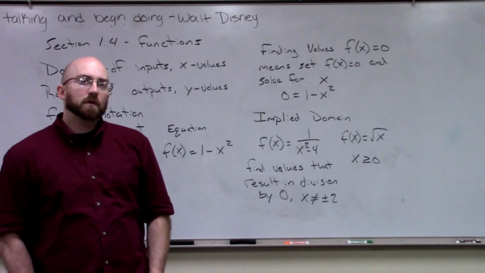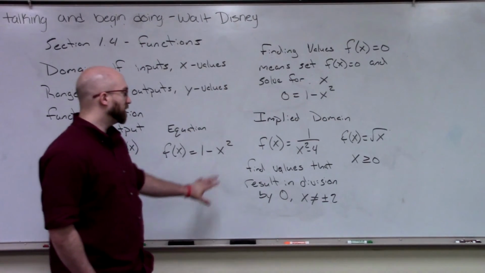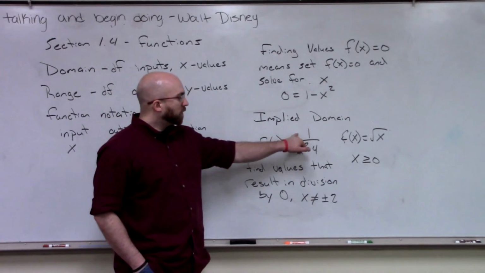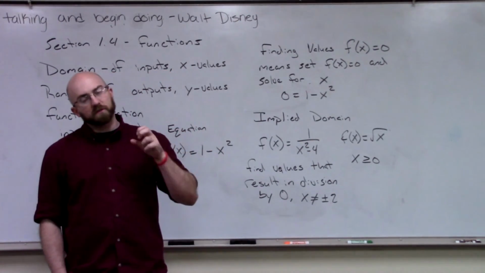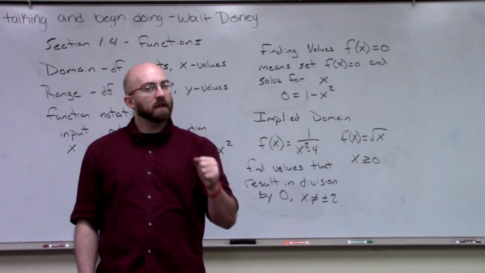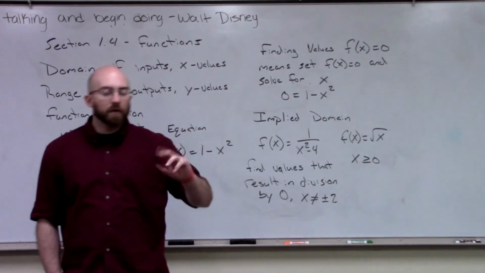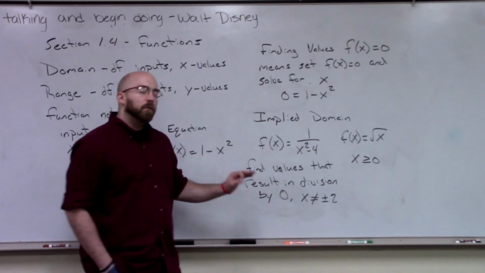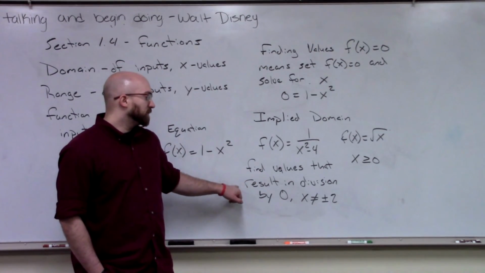Now, this is the part that gets kind of tricky. It's called implied domain. I have two examples here. f of x equals 1 over x squared minus 4. Rule of thumb, what you can do, and later on in chapter 2 it gets a little hiccup in there, but for chapter 1, for the most part, find values that result in division by 0.